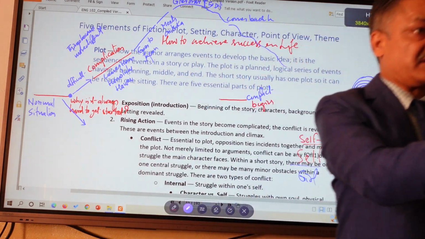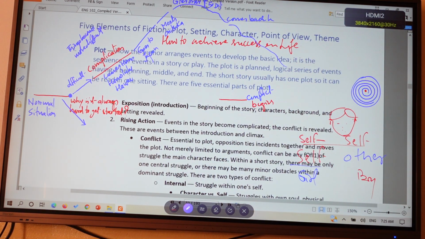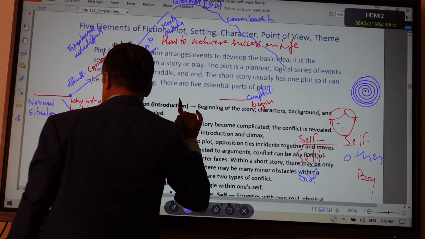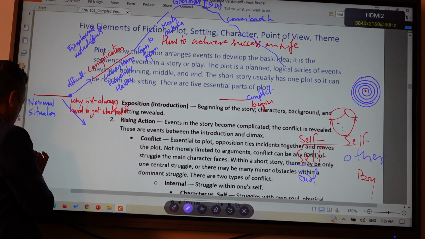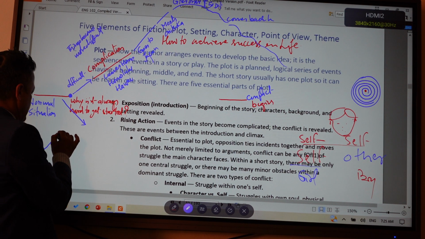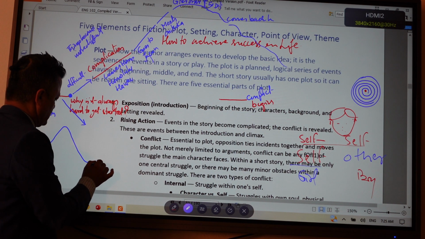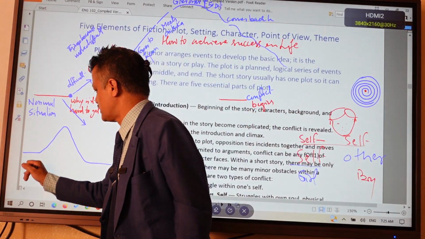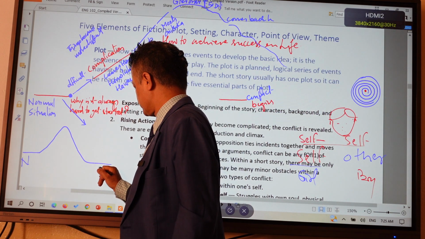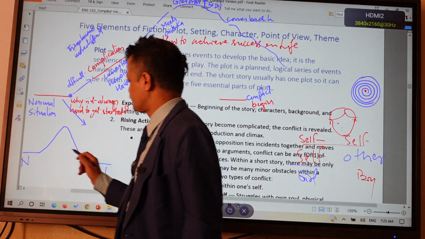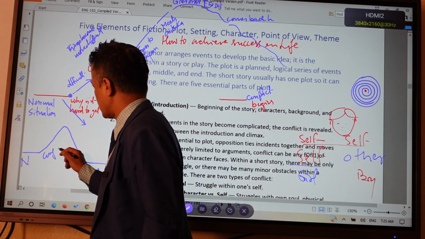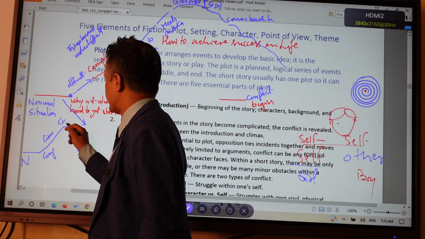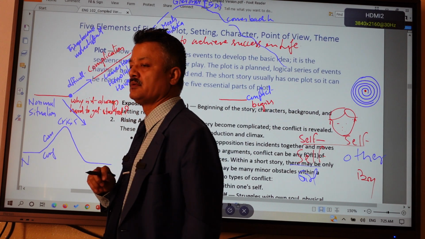As a reader, you have to decide which action is the climax. But understand that when you talk about plot, this is the picture. Normal, rising action, falling action, normal. A plot has 3 stages. Normal, conflict, complication, and this is called crisis.